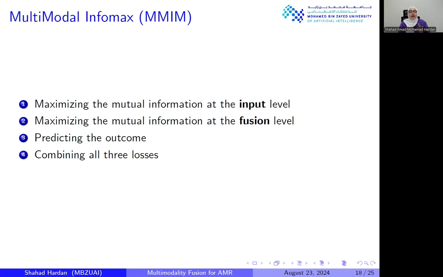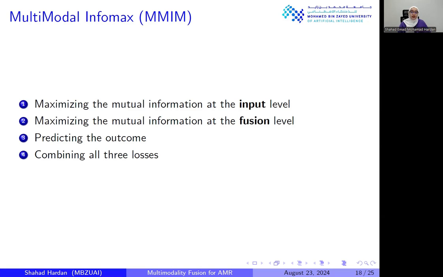What this means is that we have the mutual information between modalities, which is text versus time series, text versus time invariant, and then we try to understand how we can maximize this mutual information between them. Then maximizing the mutual information at the fusion level. So we have the fused vector that represents all 3 modalities, and we want to maximize the mutual information between this fused vector and each of the 3 modalities.